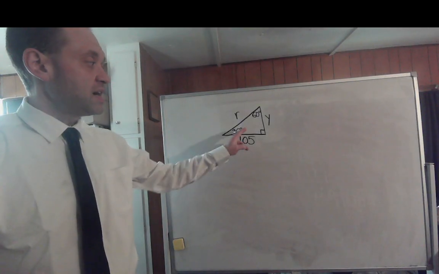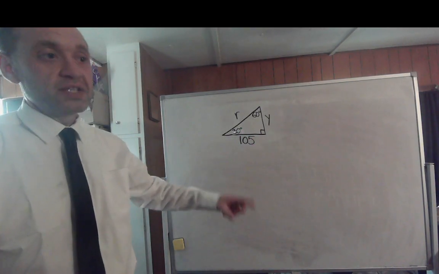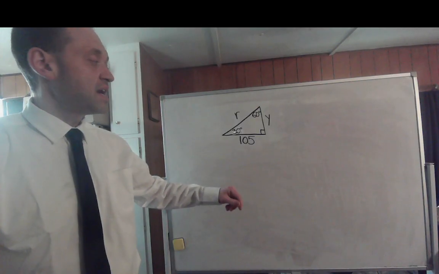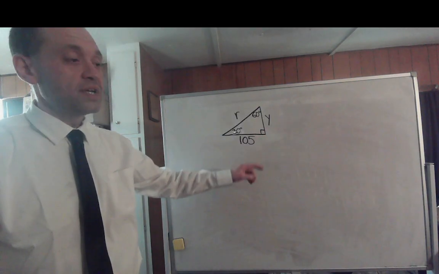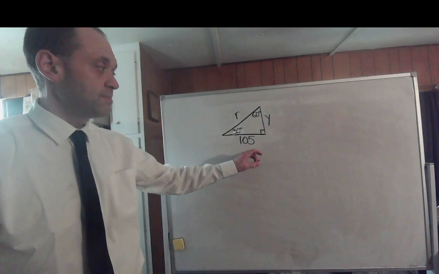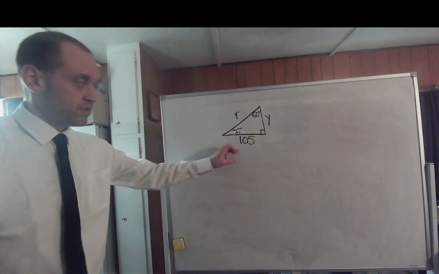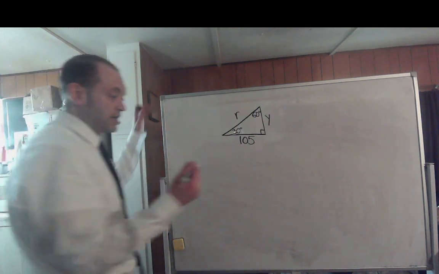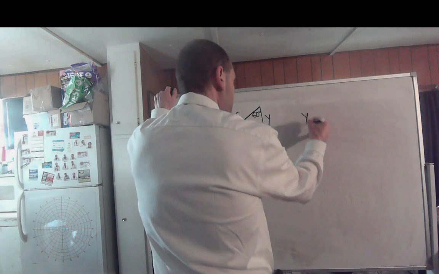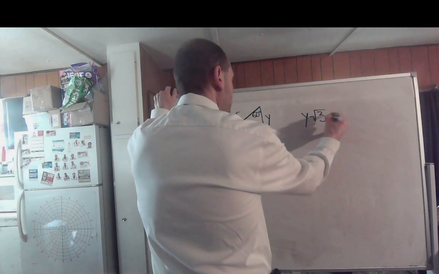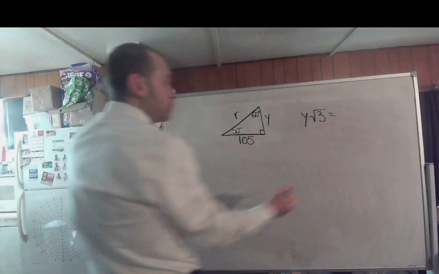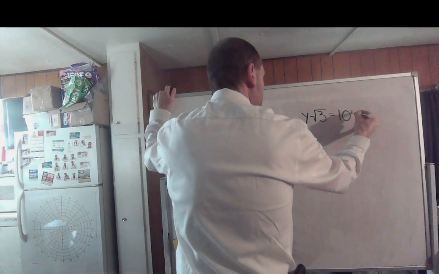That the side opposite the 30-degree angle is its normal length, so that means the side opposite the 60-degree angle is the square root of 3 times as long as the side opposite the 30-degree angle. So in other words, that means that y times the square root of 3 would equal that 105, right?